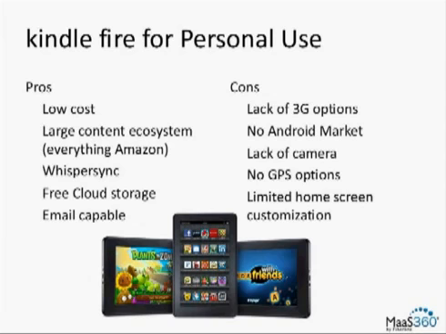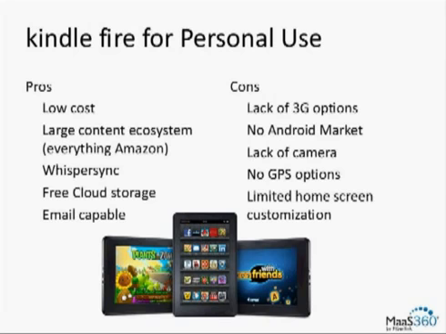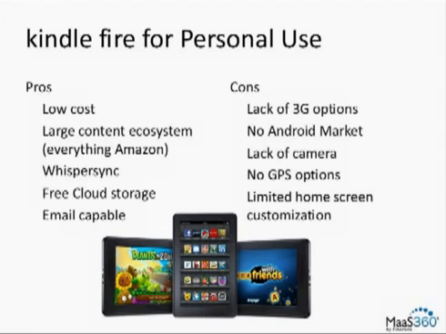Another cool feature of WhisperSync: let's say I have the Kindle app on my Android phone or on my regular Kindle at home, and I'm reading a book and I stop on page 27 on that Kindle device. When I open up the Kindle app on my phone, I'm right at the same page I was on when I was reading it from my Kindle. So it's seamless across all different technologies, and it's constantly syncing.